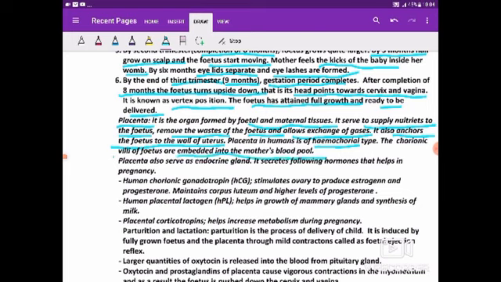The placenta also serves as an endocrine gland. As I have told you, it secretes various hormones that help in pregnancy and the growth and development of the fetus. For example, human chorionic gonadotropin is the first hormone detected in the urine of a pregnant woman, indicating that the woman is already pregnant. It is produced during a very early period of the pregnancy, and this human chorionic gonadotropin stimulates the ovary.